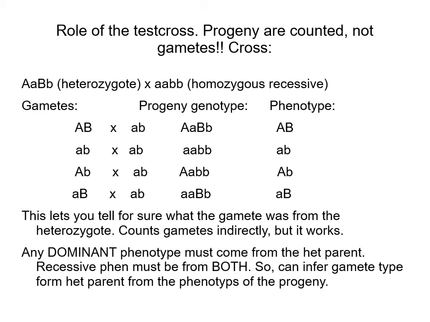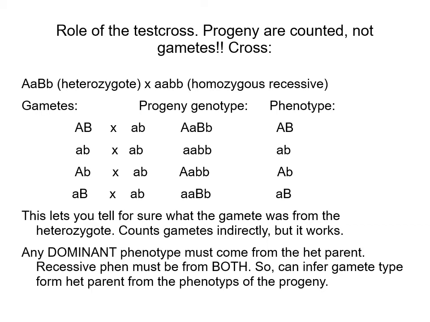And we know what the genotype of that progeny is going to be. And therefore, we can say that any dominant alleles must have come from the heterozygous parent. So basically, what this is saying is we can infer the genotype of the gamete by looking at the phenotype of the progeny, because the homozygous recessive testcross parent only contributed recessive alleles.